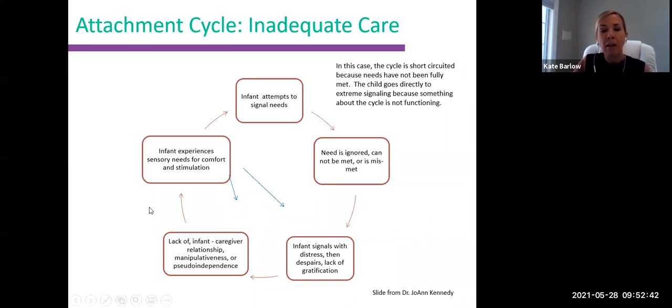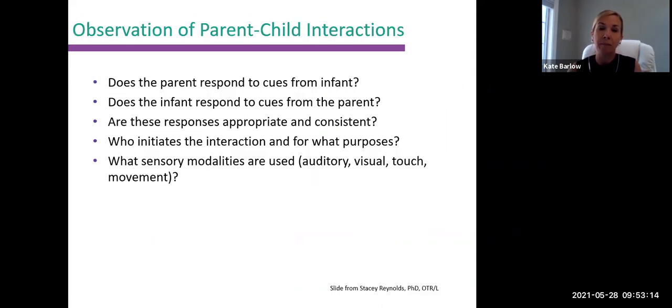So if the parent is not able to meet the infant's needs enough times, what happens is that when the infant experiences sensory needs, instead of signaling, they go straight to distress. And so the circuit is really broken. And so when a parent doesn't meet the needs enough times, we have poor attachment, and the infant goes right to distress, and it builds this distress between the parent and the child. And this is what we would consider an unhealthy attachment.